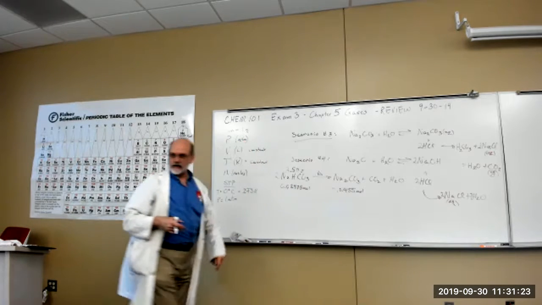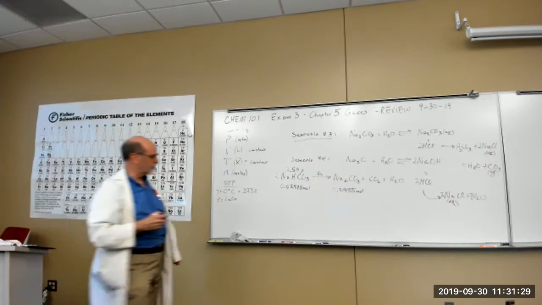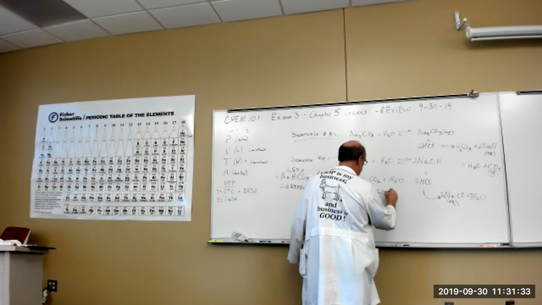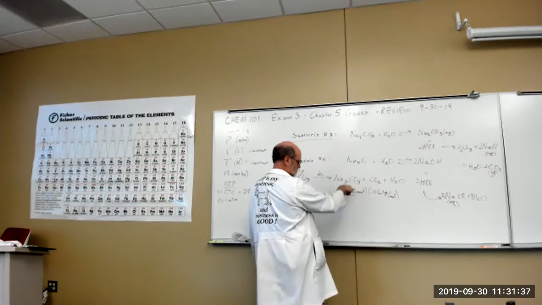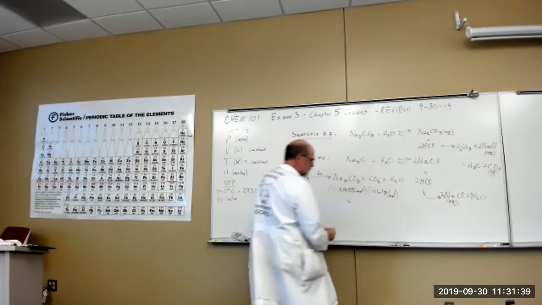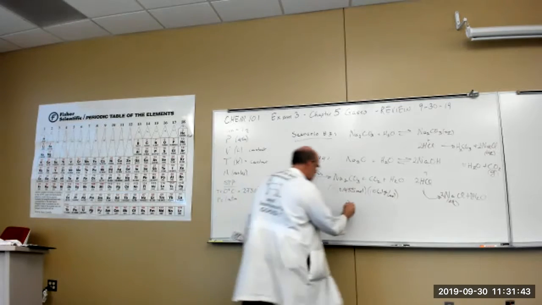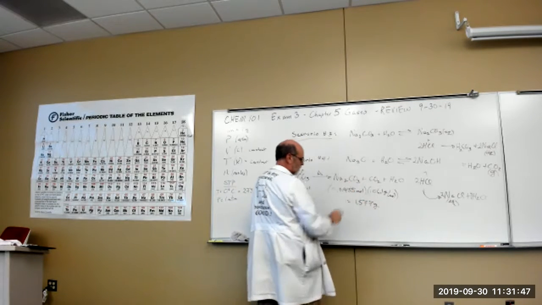So if you use 106.1 grams per mole, that's the molar mass of sodium carbonate, then you should get 1.577 grams of this compound.